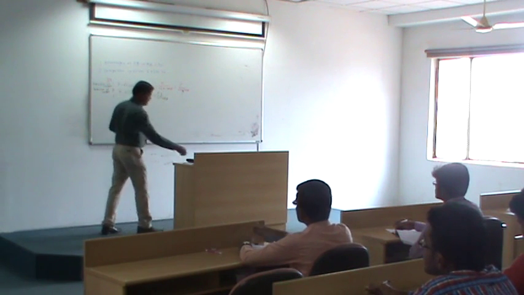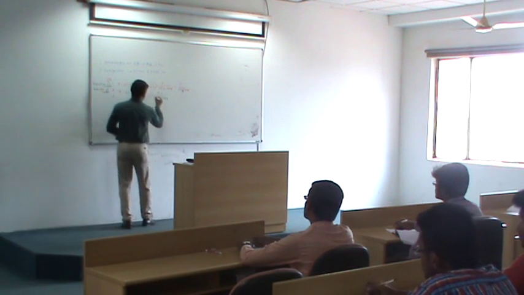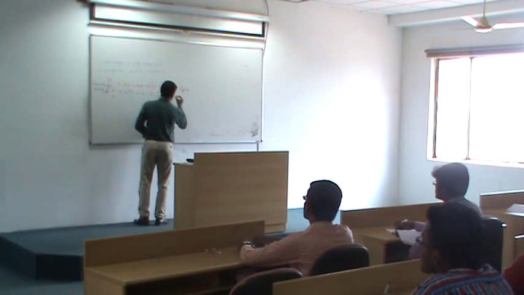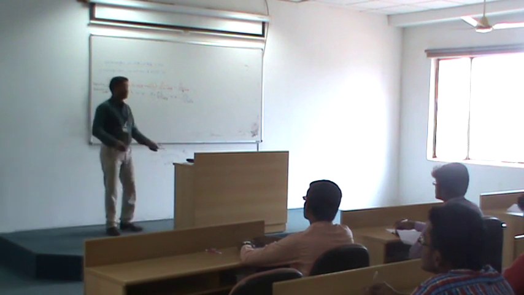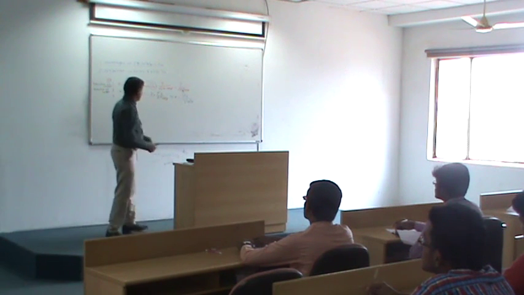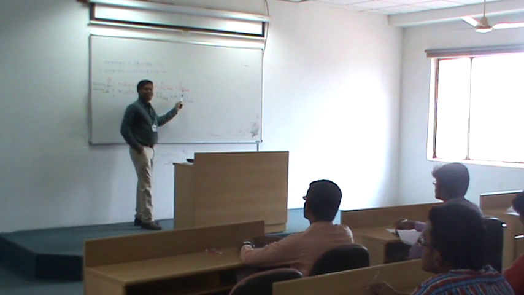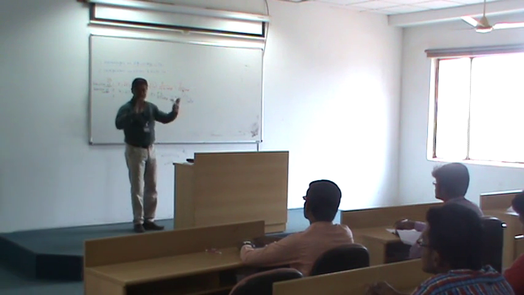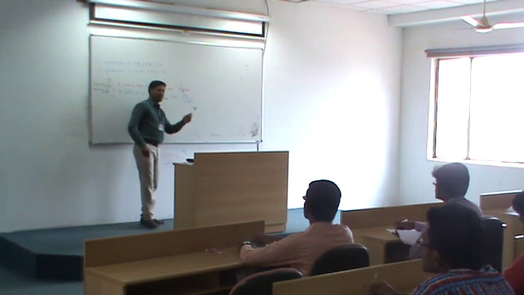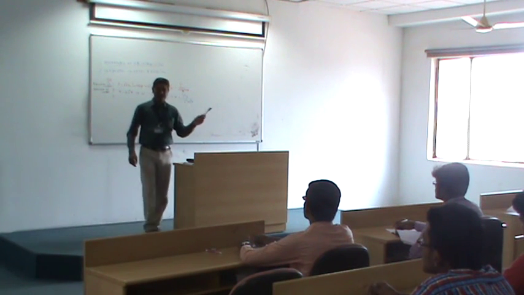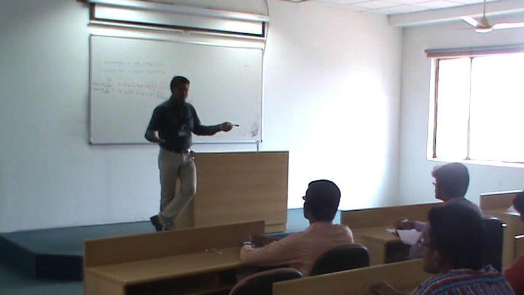This 3 gets cancelled, so we will get W is equal to P square R divided by V square cos square phi. Keeping the power to be transmitted constant, resistance is constant for a line, right? Cos square phi. What is cos phi? Cos phi is power factor.